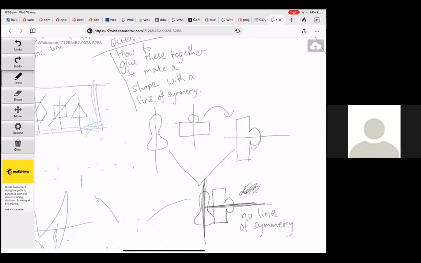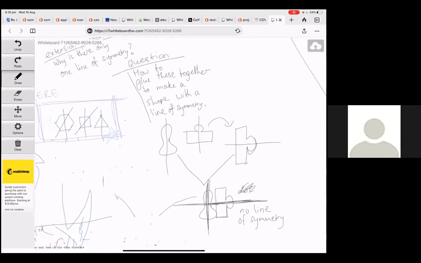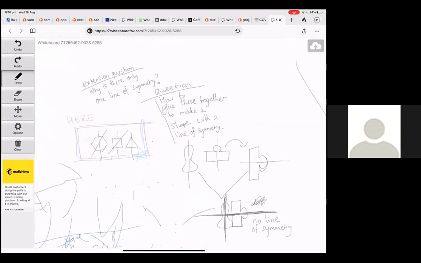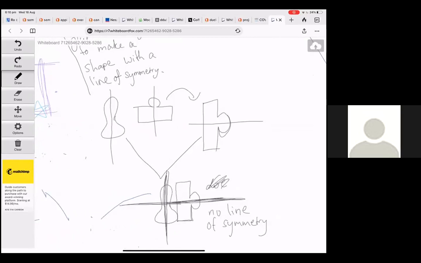If you glue them together but make one of the lines of symmetry different from the first line, then the resulting shape is no longer symmetrical. So when you glue the shapes together, we need the lines of symmetry to be the same. This failed because we have different lines of symmetry in each of the individual shapes.